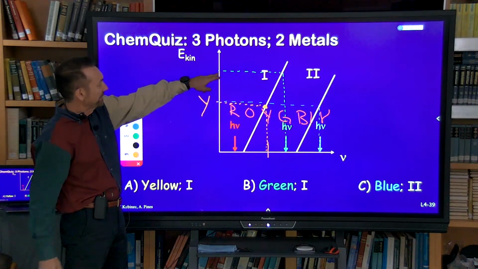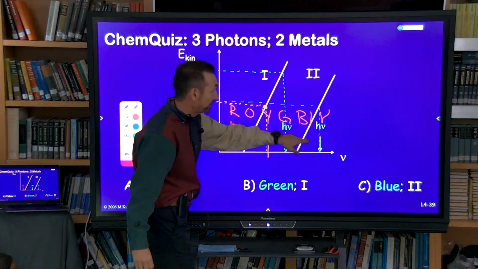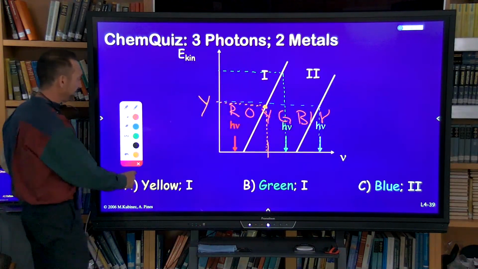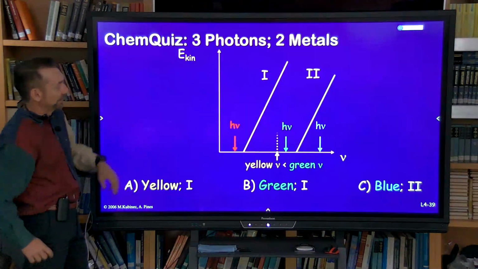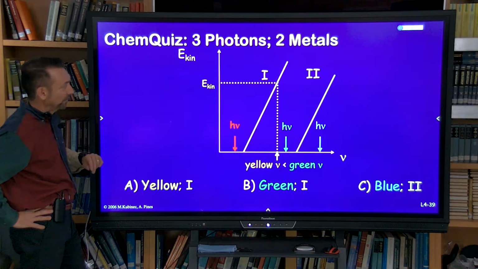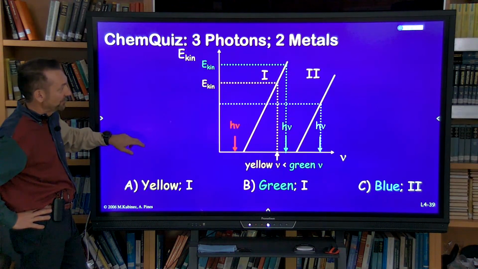So the highest is green off metal 1. Green won't eject any from metal 2, only the blue, the highest energy, highest frequency, will. So there it is, a little more well drawn out. So the green there and the blue off metal 1 there.